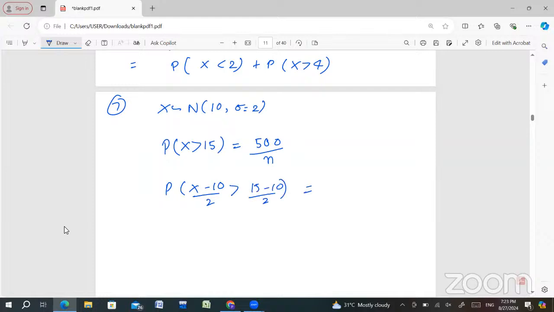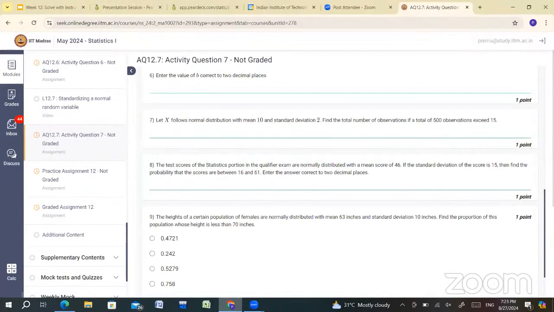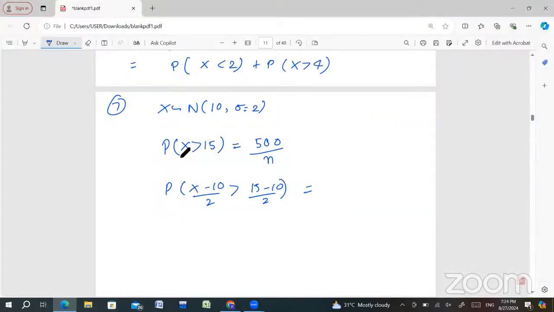Can you please explain again this probability x greater than 15? In the question, it is given that a total of 500 observations exceed 15. So these observations are x here, the value of x is exceeding 15, so I have written it as x exceeding 15.